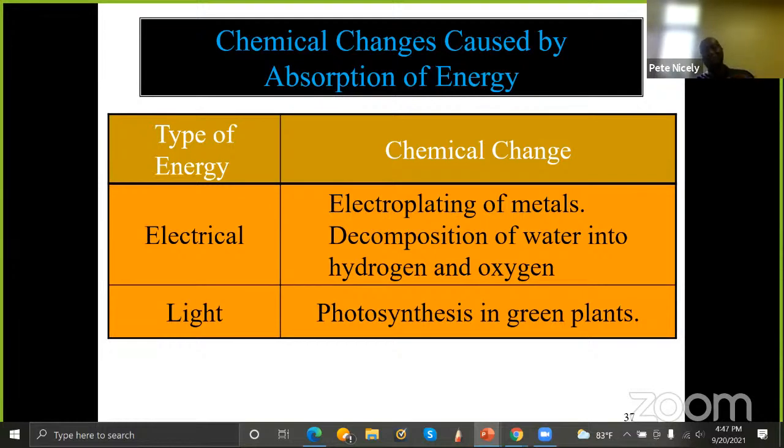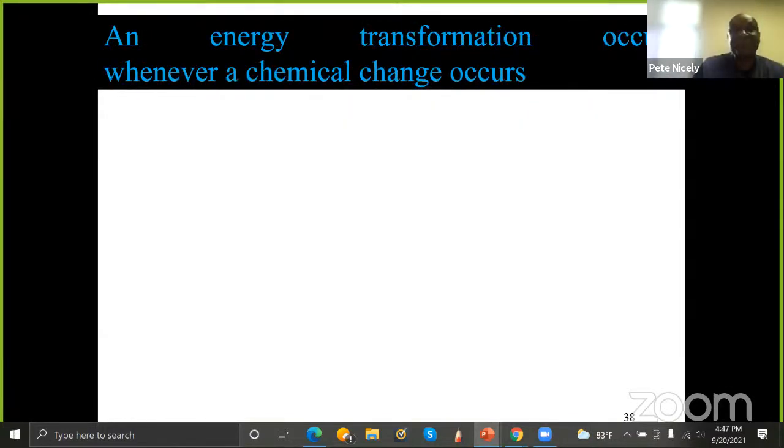So these are all examples of chemical reactions taking place as a result of light energy being used to drive these reactions.